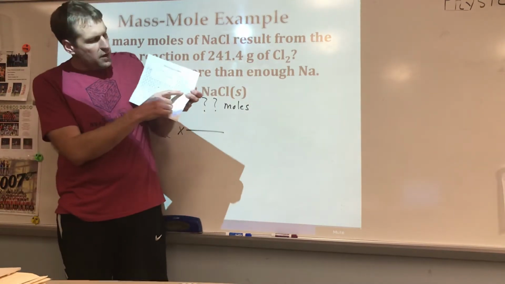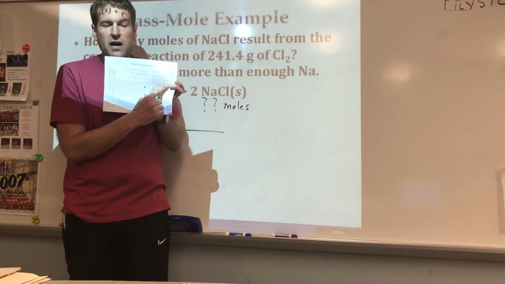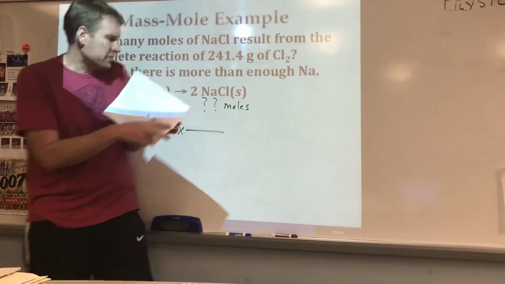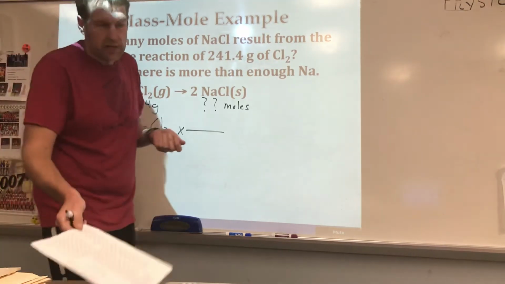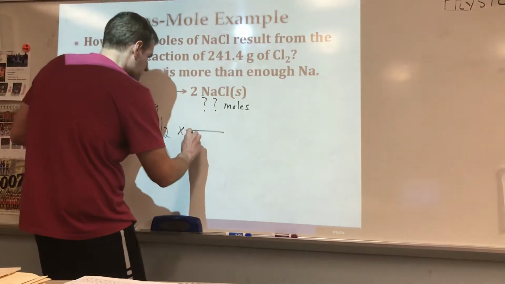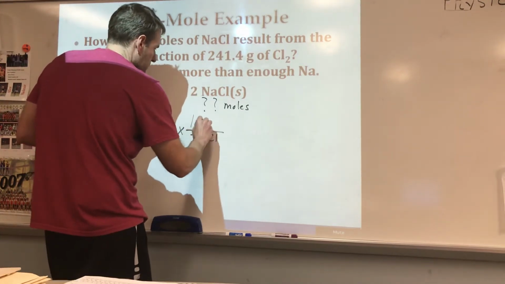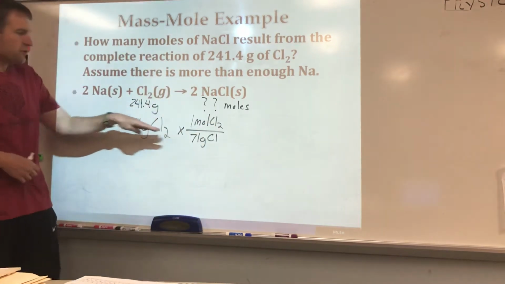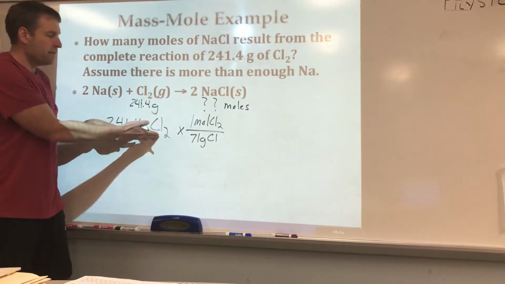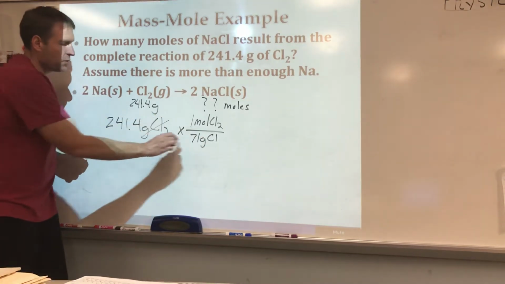You find chlorine on the periodic table, and each chlorine is 35.5. But since I have 2 chlorines, it's Cl2, you just double that and you get 71 grams. So this first step is just changing it from grams of chlorine to moles of chlorine, and I can cancel the grams of chlorine here.